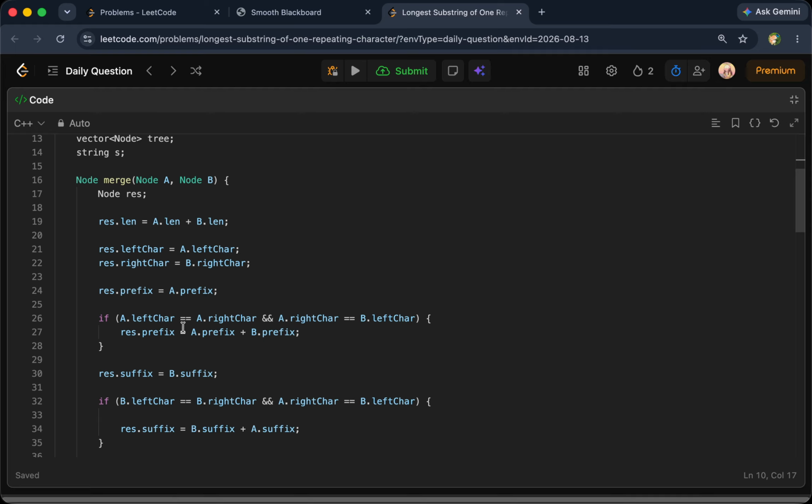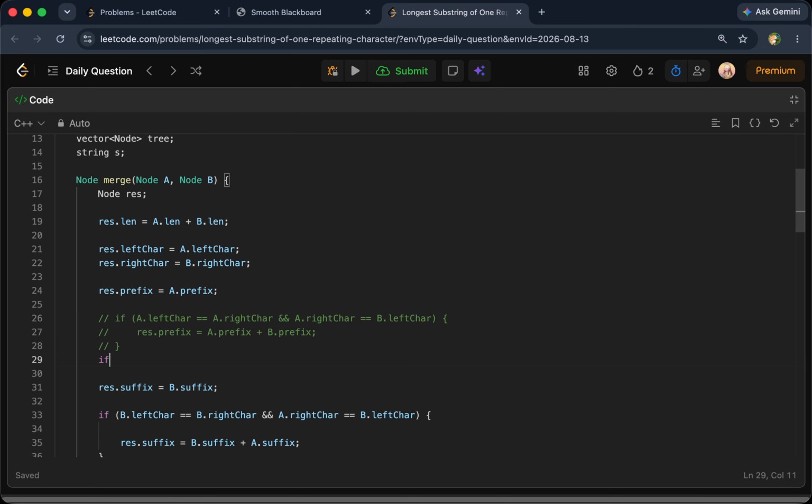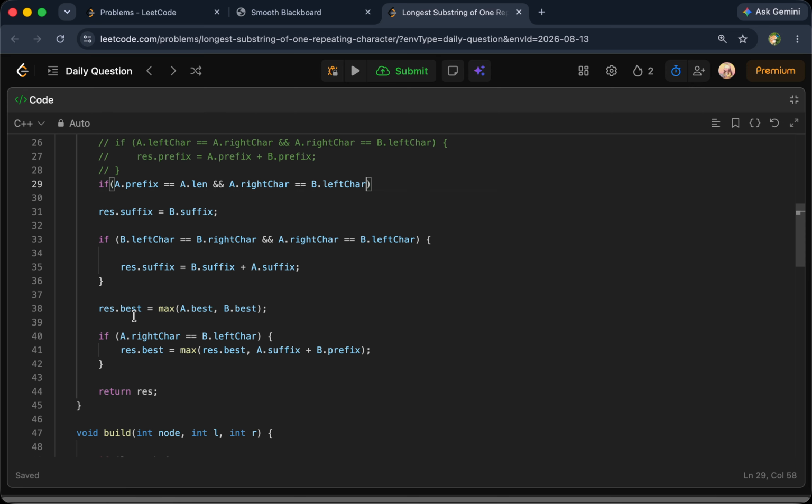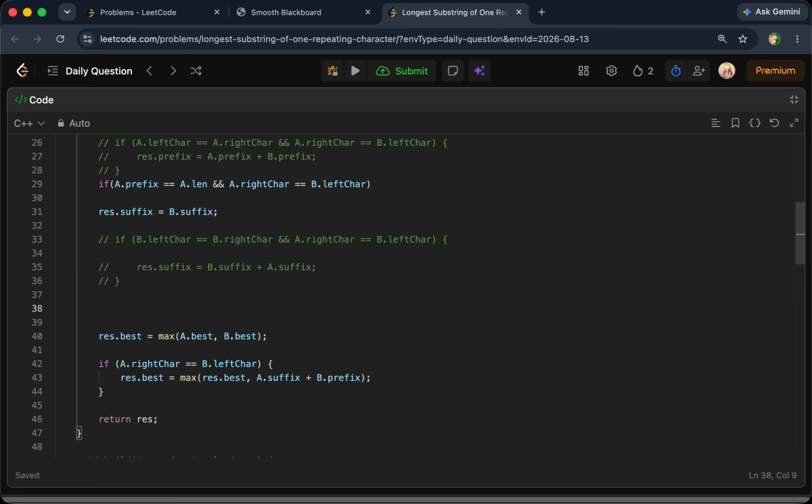If we adopt the character, and if a.prefix is equal to a.len and a.right is equal to b.left.